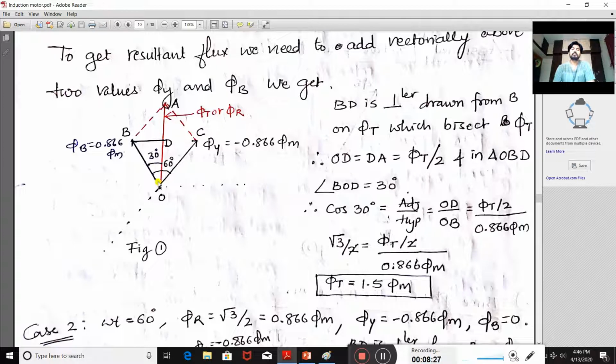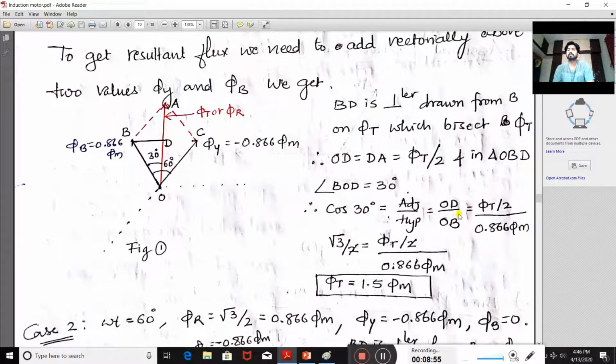Now considering this triangle BOD, I will consider cos of the angle. So cos 30 degrees is equal to adjacent divided by hypotenuse, which is OD divided by OB. Same thing I have written here: OD is phi t by 2, divided by OB, which is 0.866 phi m.